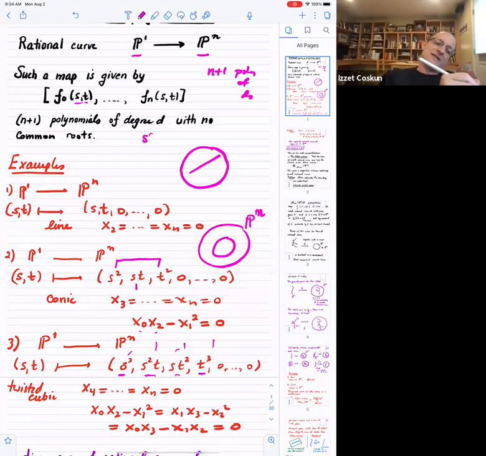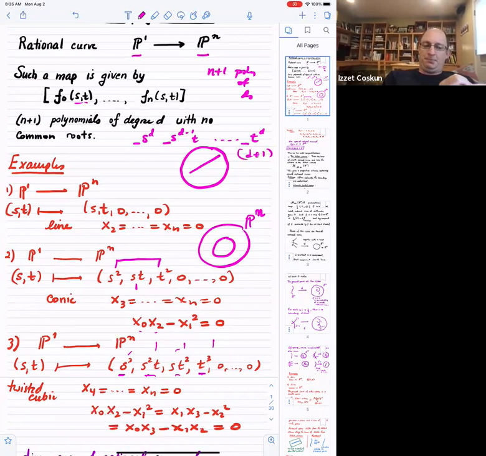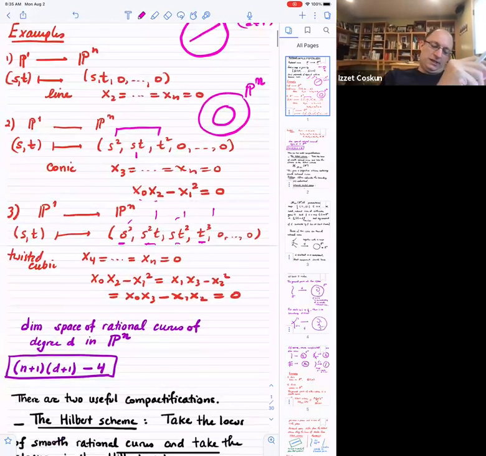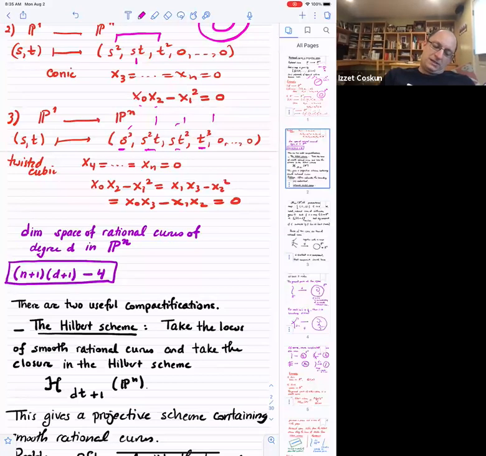I just need to specify d+1 coefficients, from the coefficient of s^d to t^d. There are d+1 coefficients to specify. And then I have n+1 polynomials, so that you see that we have an (n+1)(d+1)-dimensional space.